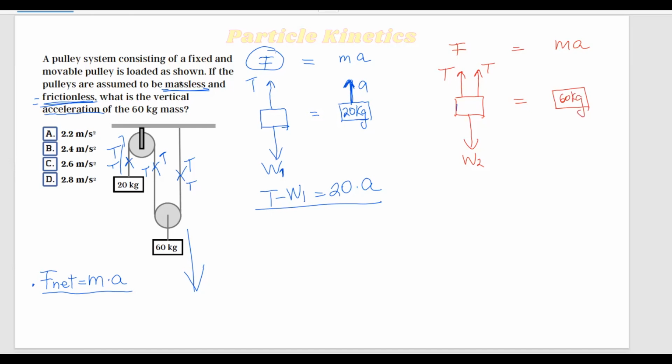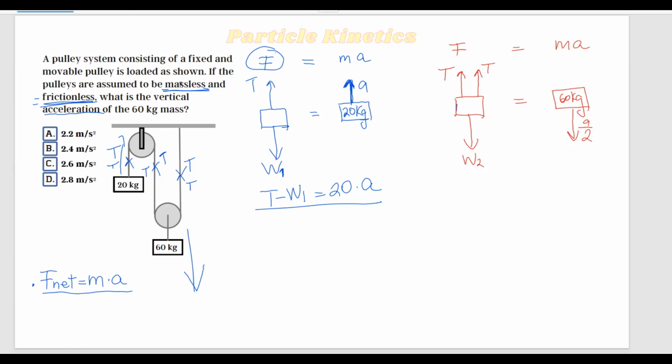And now let's talk about the acceleration. Since in the first case the acceleration was going upward, we have 1 tension string. In this case, the acceleration is going to go downwards because this 60 kilograms is going to pull the whole system downwards. Okay. And since we have 2 tension strings, this is going to be equal to half of the acceleration in this case. So A over 2.